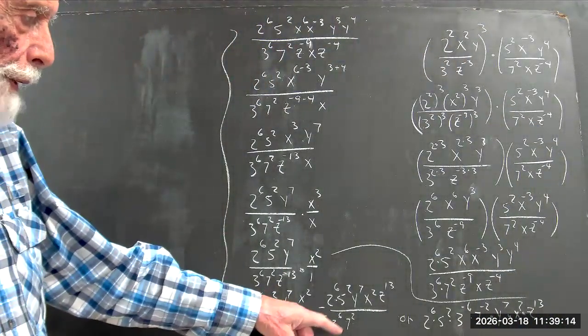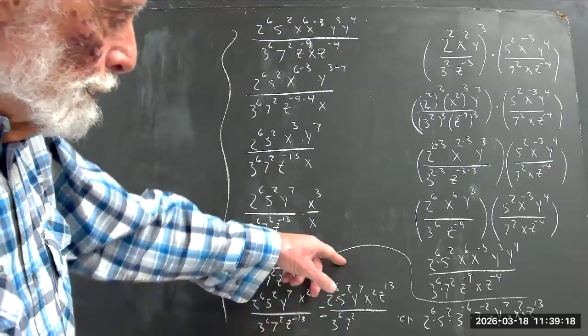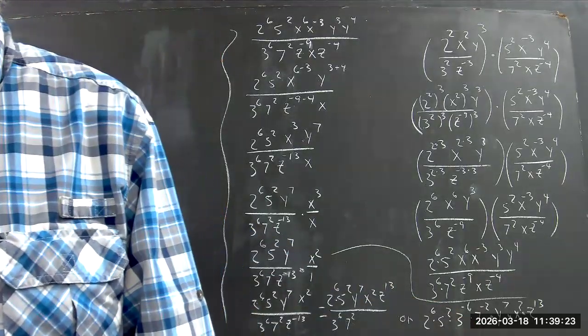The 3 to the 6th and the 7 squared in the denominator could be written as 3 to the negative 6, 7 to the negative 2 in the numerator.